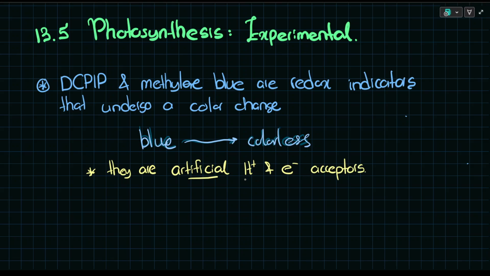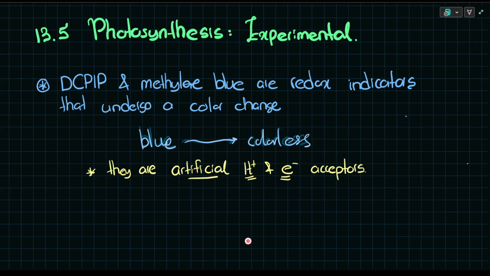If they absorb or accept electrons or H plus ions, they undergo this color change. So simply speaking, we can use them to keep track of any reaction that produces H plus and electrons.